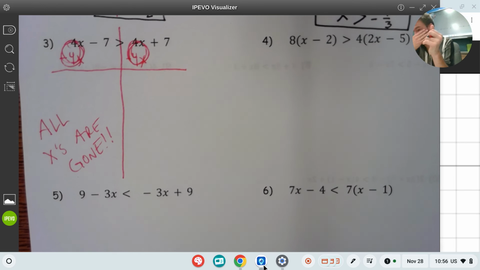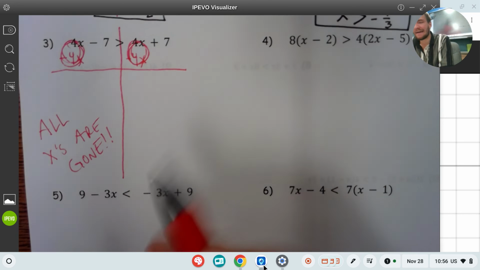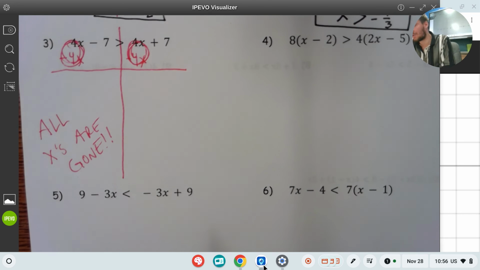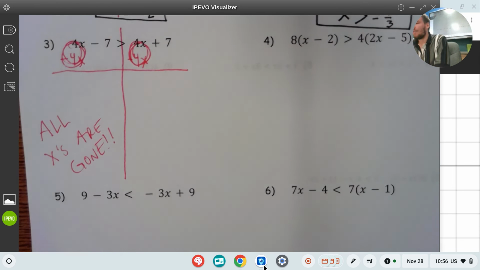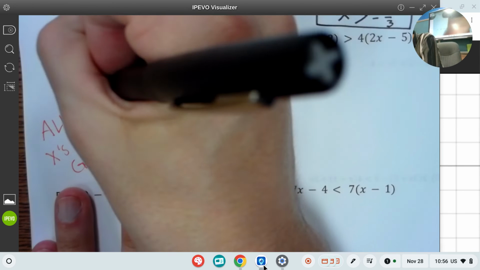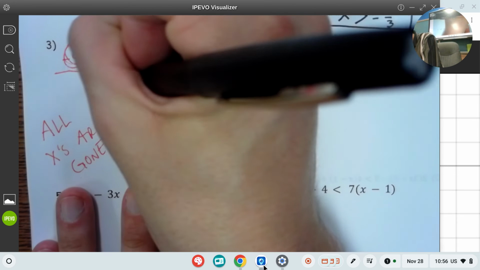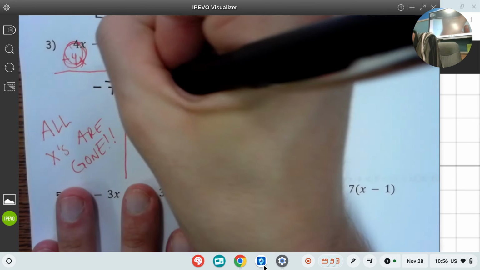So, what that means is that this question is a total mess, okay? We are not going to be able to have an answer that says x equals or x greater than or x less than because all the x's are gone, okay? What is left over? -7 greater than 7.